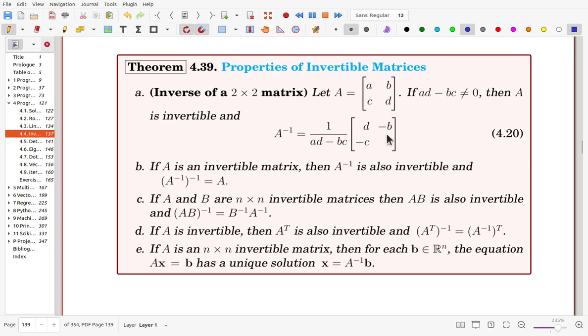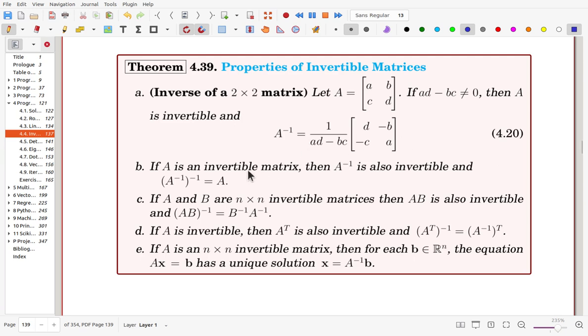So change the position, change the sign, and in front of that we have 1 over AD minus BC. That's the inverse of the given matrix. So as long as AD minus BC is non-zero, we can form this matrix, so it is invertible.